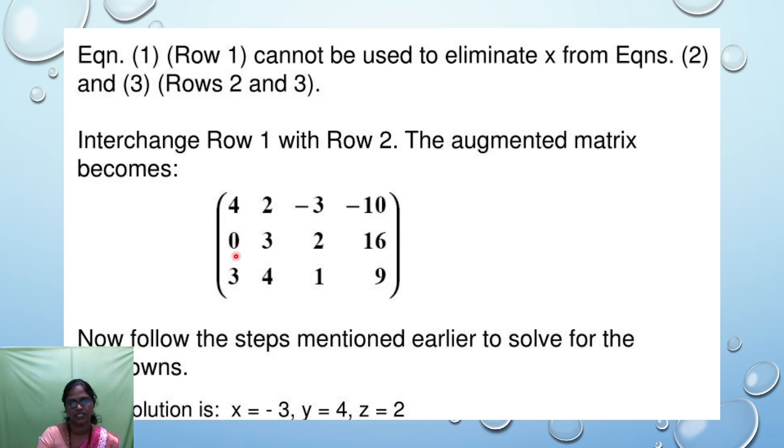So the x coefficients become 0. Then again, using the second equation, we need not use the first equation. Use the second equation, then convert the 4 into 0. Here we get another value, because we already operated with the first and third equations.